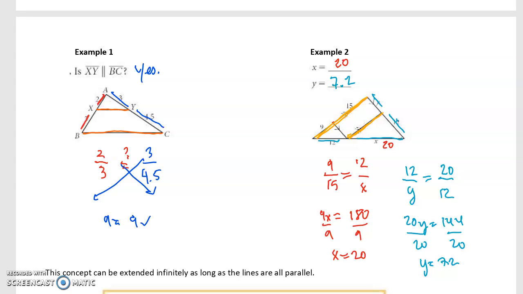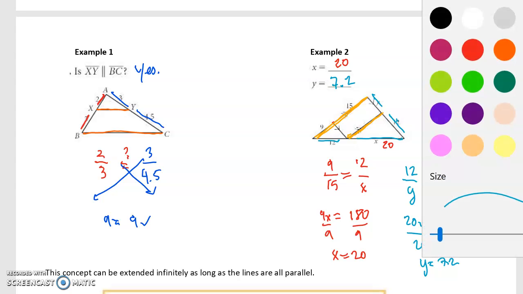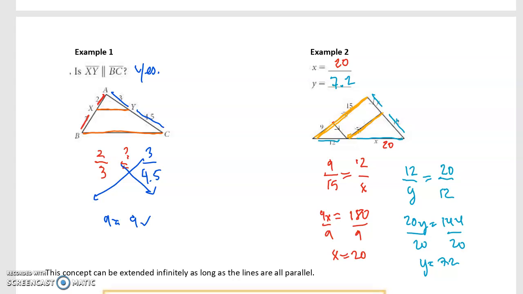We could also check this if we wanted, by going back to that warm-up idea that we do have similar triangles. In this case, this was 20, this was 7.2.